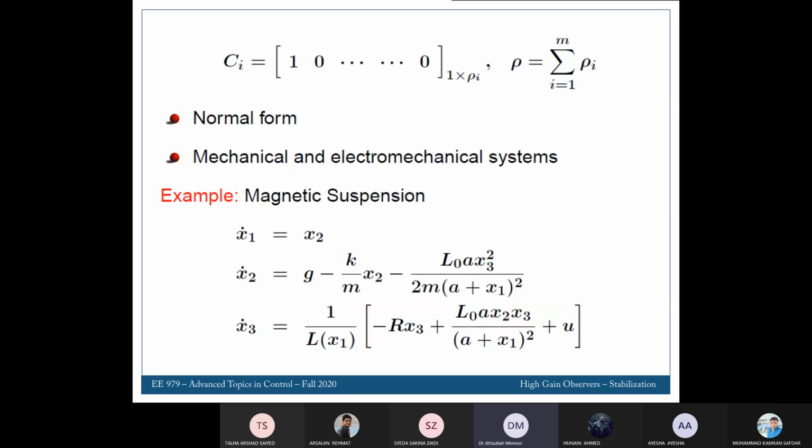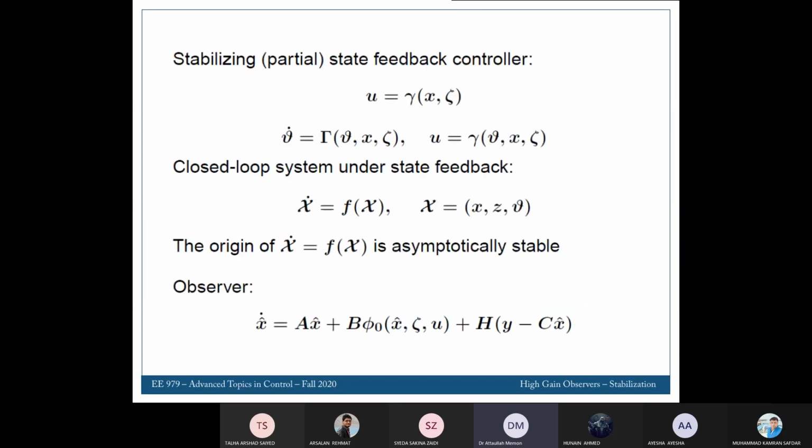We check the relative degree, and based on that we decide whether the system has internal dynamics or not. If it does, we check the zero dynamics of the system. If the zero dynamics are stable, then we are dealing with a minimum phase system.